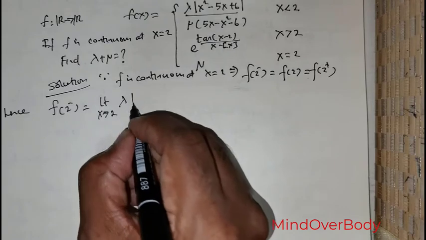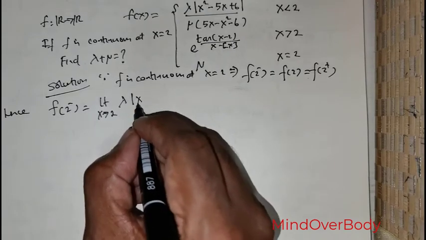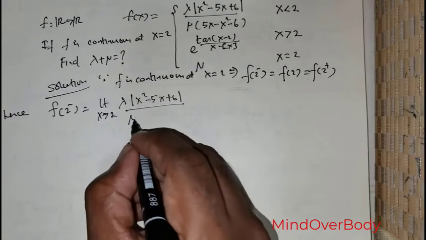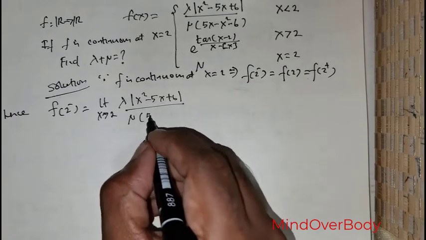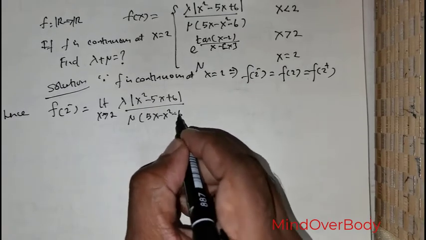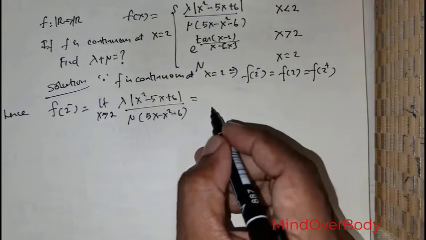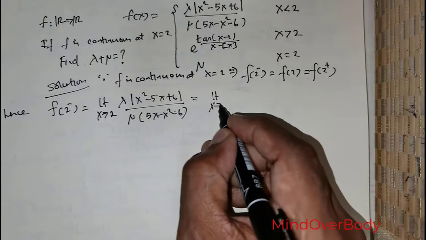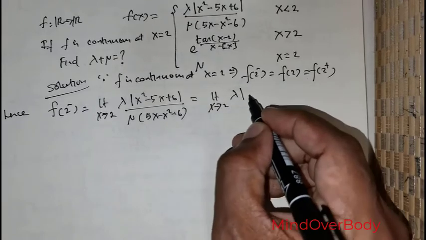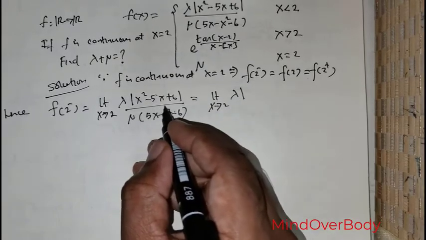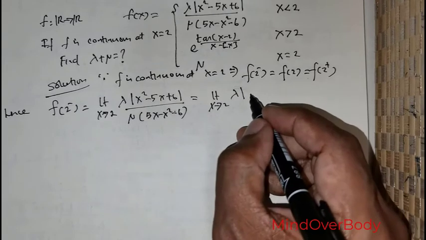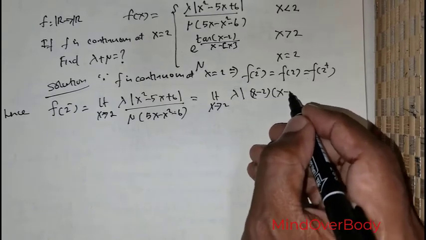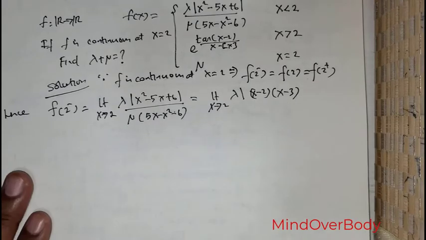So that's going to be lambda times modulus of x squared minus 5x plus 6 divided by mu times of 5x minus x squared minus 6, which I can rewrite as limit x tending to 2 of lambda times modulus of x squared minus 5x plus 6. I'm going to write it as x minus 2 times x minus 3.